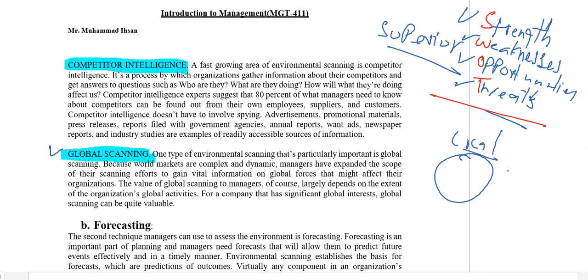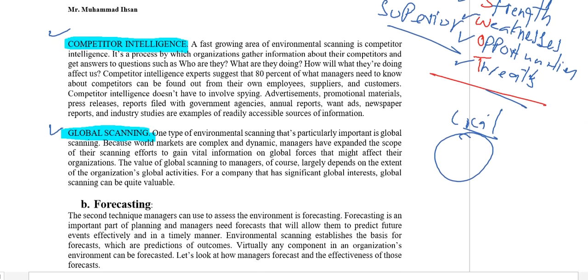We have to go global, we have to go international, and in order to become a very good organization, we have to understand the global requirements as far as the technology is concerned, as far as the business and corporate practices are concerned. So these are the things which we have to go through when we try to scan the environment.